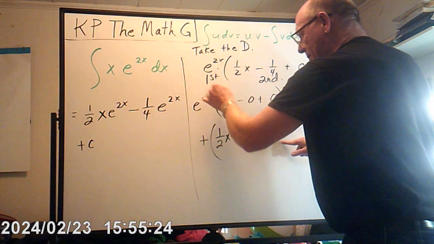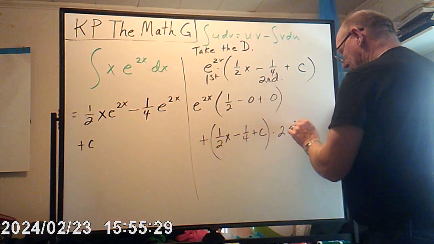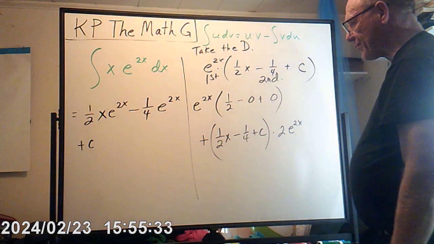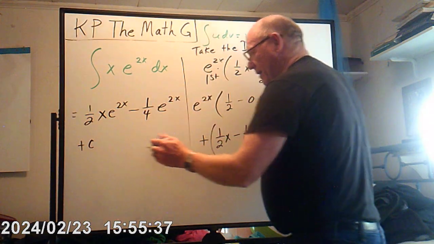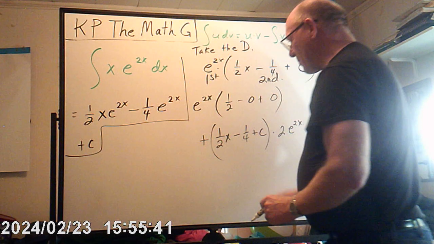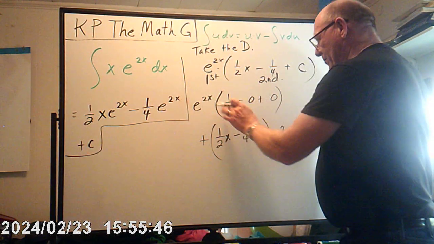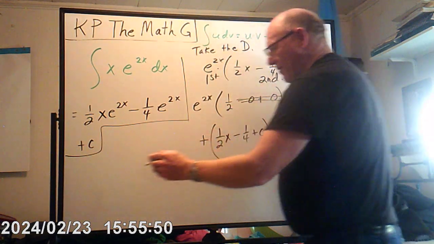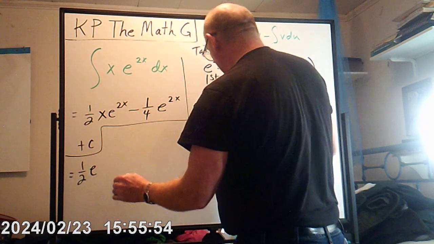Well, the derivative of this is just times 2e to 2x. Let's see here. It may be that I may have to multiply this e to both sides here. This is just 1/2. Oh, this is 0 here. So this is 1/2 e to the 2x.